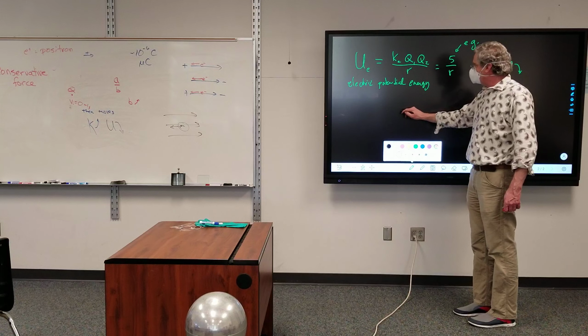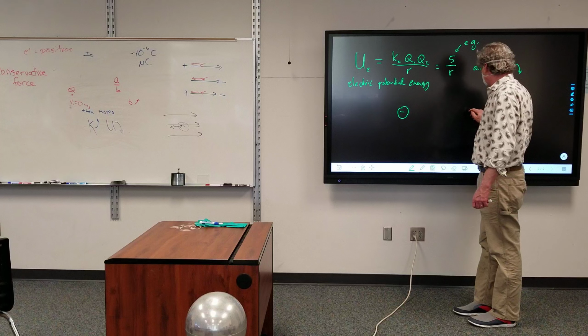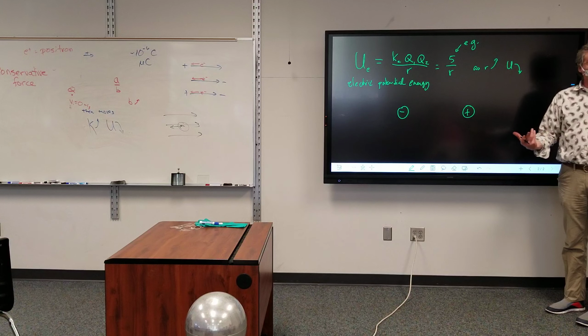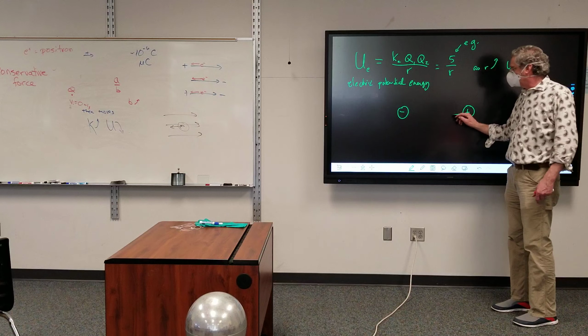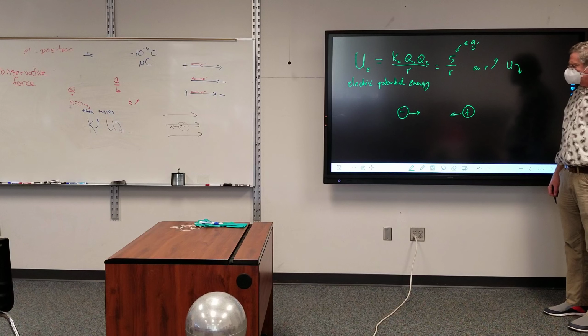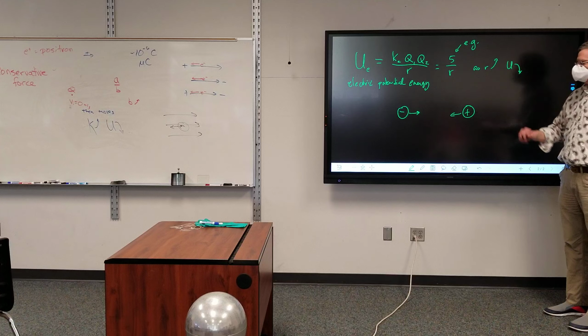All right, I got a negative charge and a positive charge. What's going to happen to them? They'll be attracted, they're going to come together. And so R is going to get smaller.